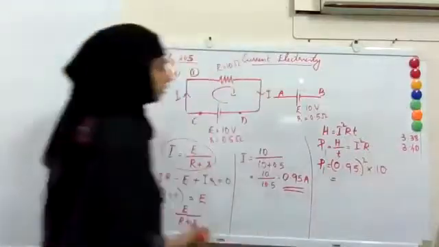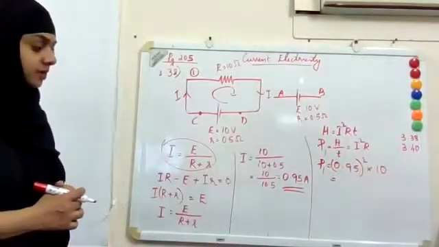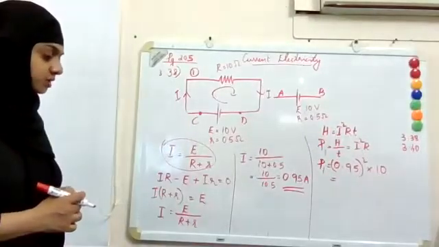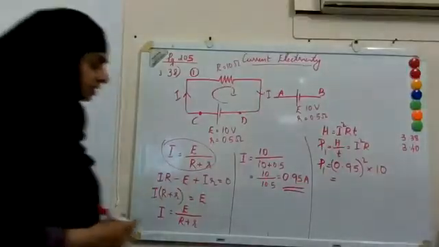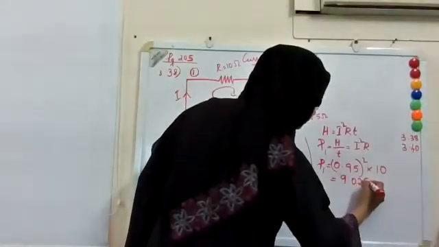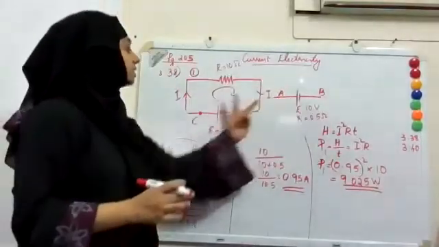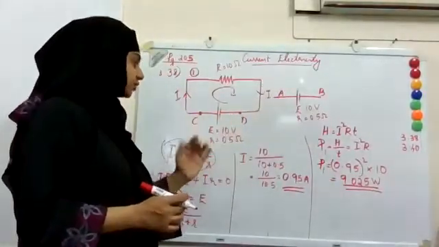So what is the value here? 0.95 the whole square times 10. You will get it as 9.025 watts. So this is the power when AB is not connected parallel to it.